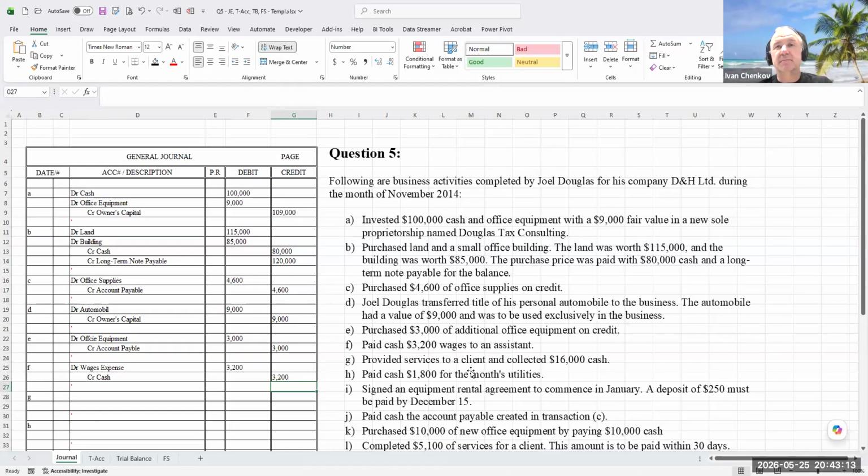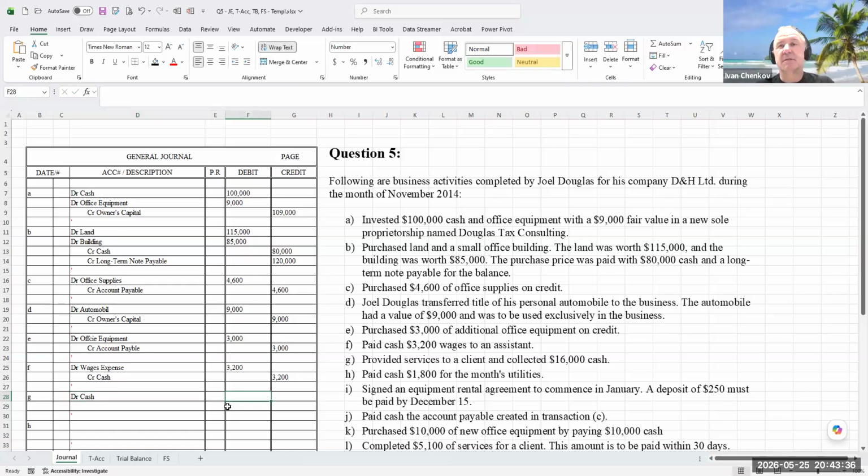Let's do another one. Letter G. Now in letter G, finally we provide some service to clients and collect $16,000 cash. What did the business get? Cash. Let's debit cash.